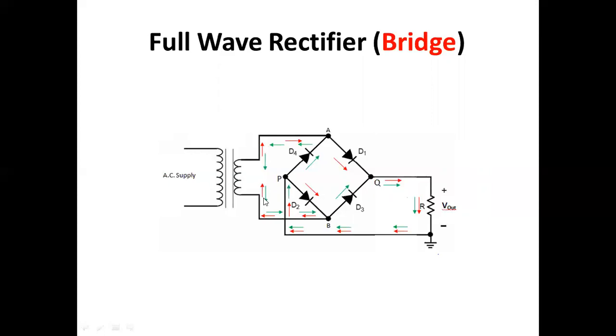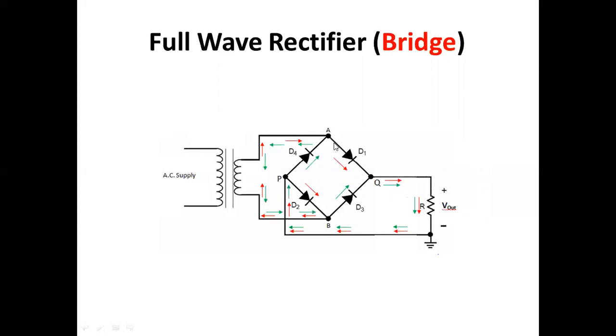Therefore, what should happen? At this moment, D1 and D2 switches are on. D1 and D2 conduct, and D3 and D4 are non-conducting. Only two switches are conducting, D1 and D2.